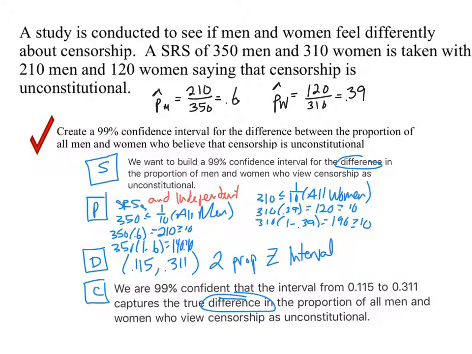Okay, if that confidence interval contains 0, ours is all positive. If it contains 0, that might insinuate that they don't feel differently, if there's an overlap there and that their difference may be zero. Okay, but here we're pretty confident, of course, that there is a difference, and it's a positive that more men than women feel it's unconstitutional.